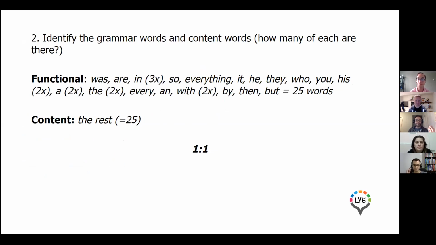So we have 25 content words to 25 grammar words, which just goes to show, everyone, that grammar words are often neglected in our teaching at the expense of content words. But you cannot write without grammar words. And the point here is to highlight that content words are great. We pay more attention to them, but I think we should really pay more attention to these small words.